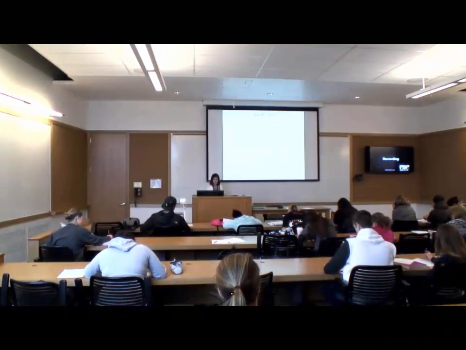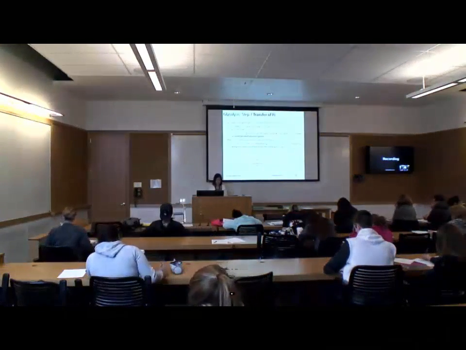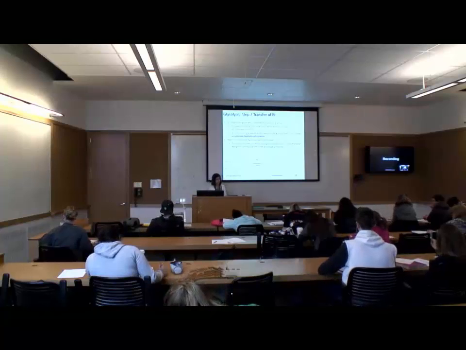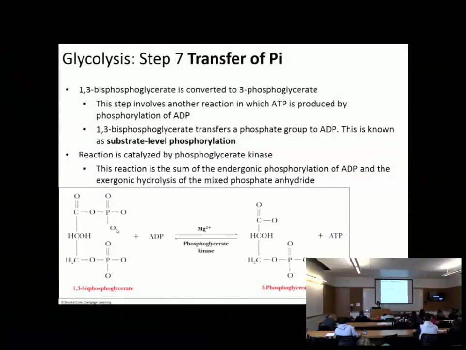So in the next one, and I apologize for this typo from the text, what we have is our first gain of energy. We call this a substrate level phosphorylation because we are giving one of the phosphates, the phosphate that we just added on, that very unstable anhydride.